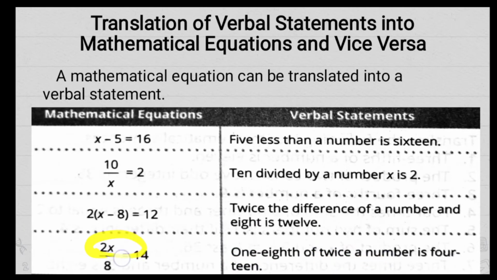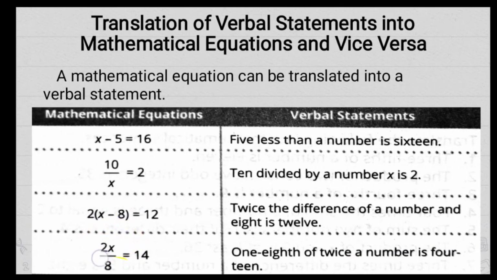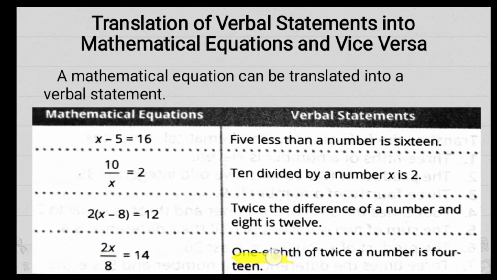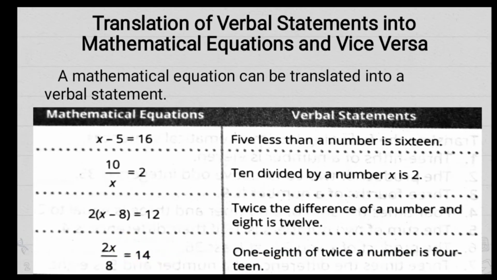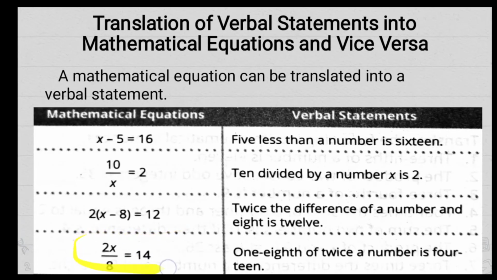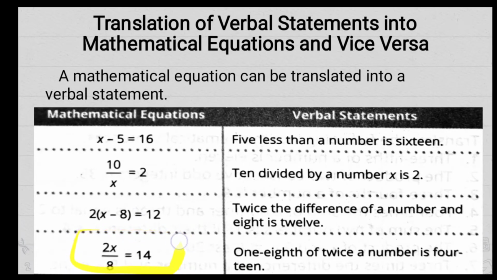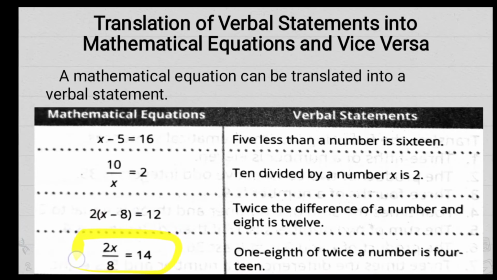That's why on our numerator we have 2x, and the denominator is 8, because that is the denominator of 1/8. Or simply we can say that it is twice a number divided by 8 is 14.